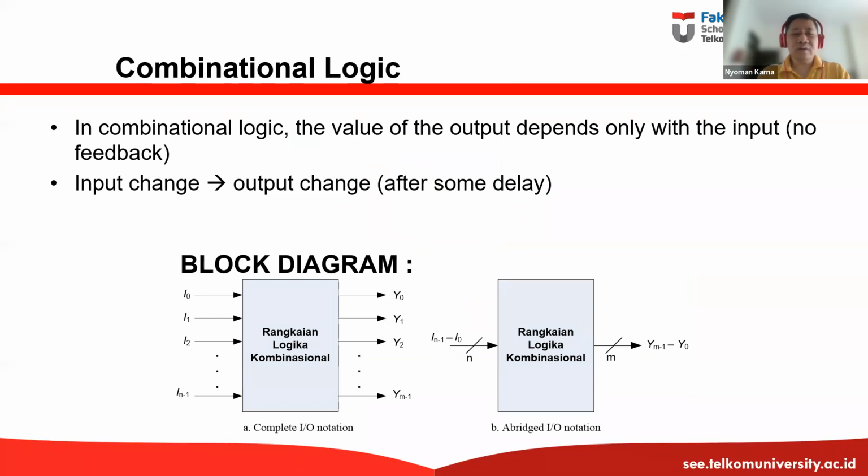In a combinational circuit, the output depends only on the input, which means in this case there is no feedback. So we have the circuit, we have several inputs, and then several outputs. And remember, each output will be represented as a specific function. So one function, one output.